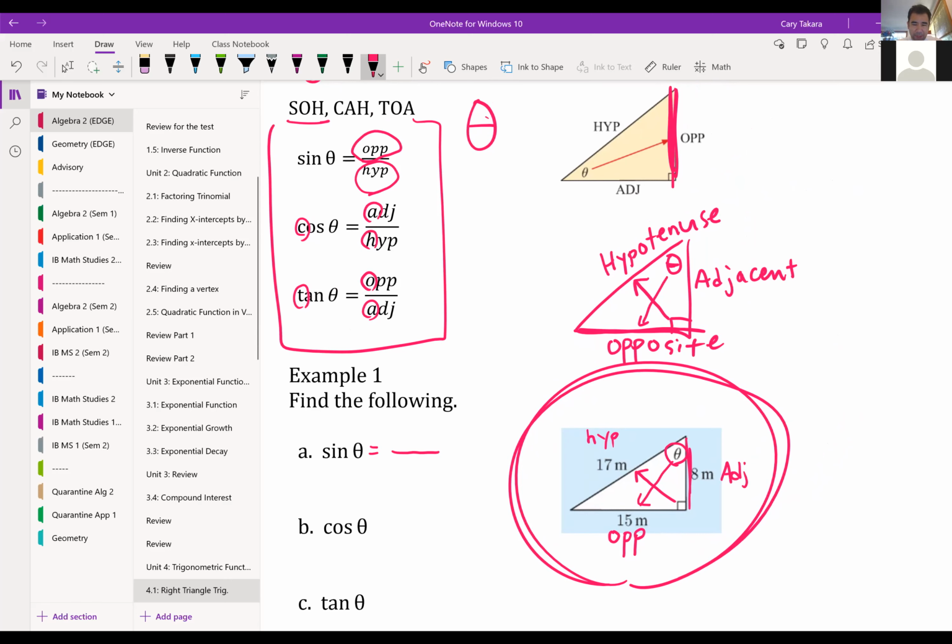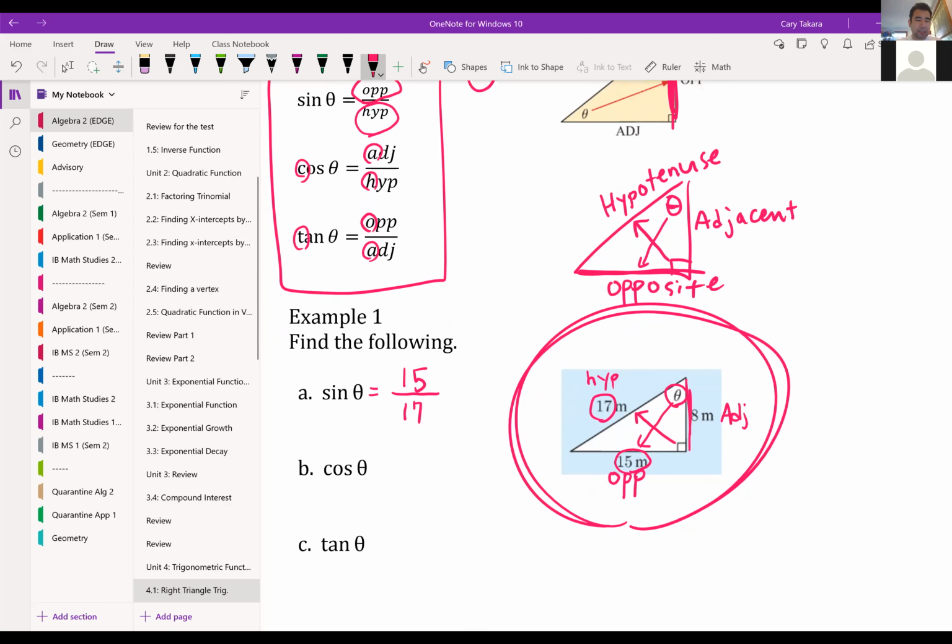What is opposite? Opposite is 15 meters. Hypotenuse is 17. So it's 15 over 17. We're just practicing identifying the ratio. It's 15 to 17.